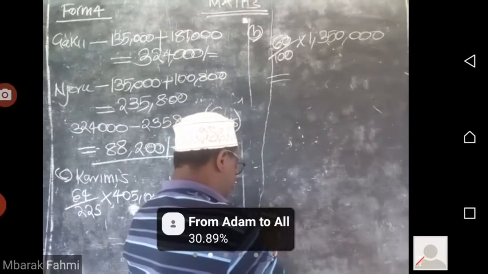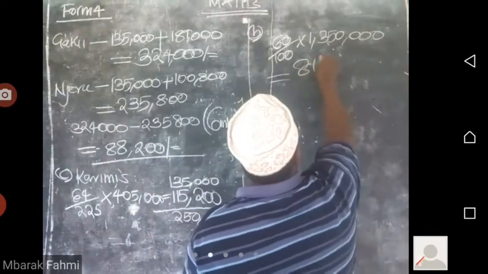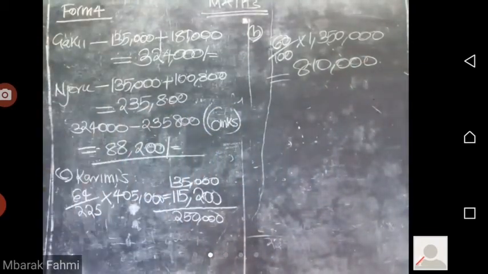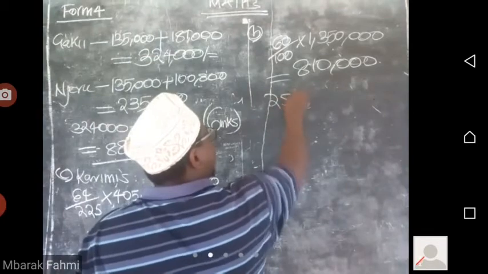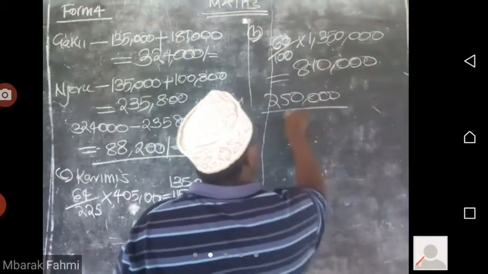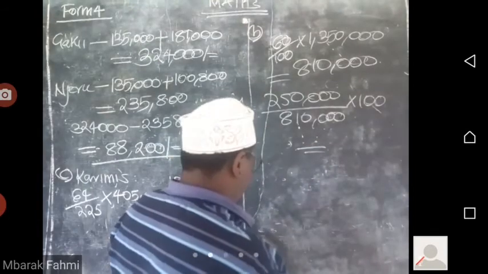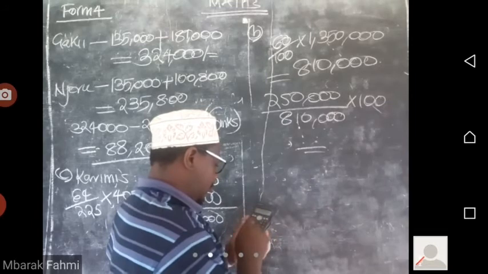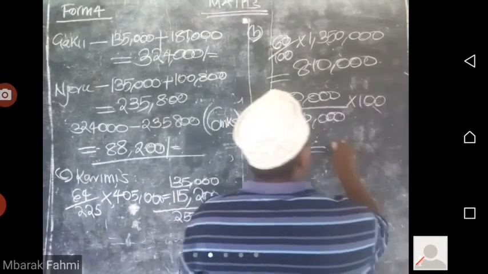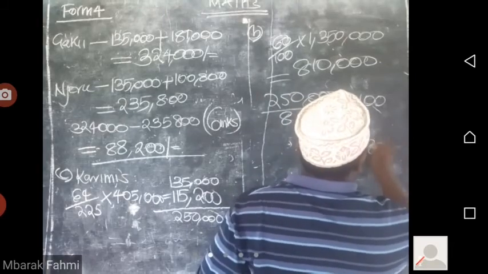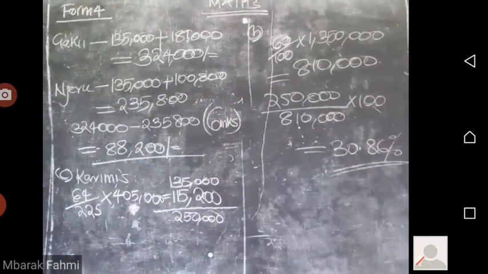So that will be 810,000. Now we express this as a percentage: 250,000 divided by 810,000, then times 100. That gives us 30.86%.